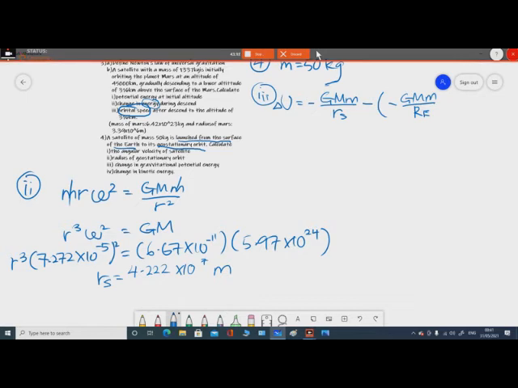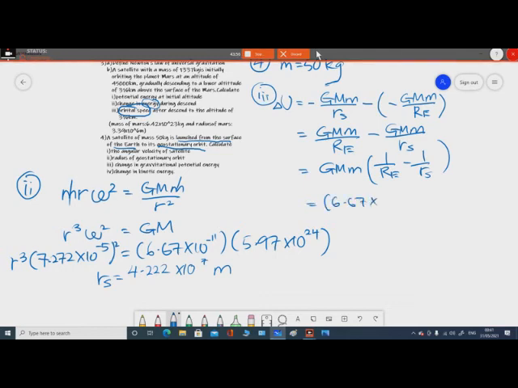Alright, so let me bracket this one. Then we resolve the negative parts, so this one will be positive GMm over R_E minus GMm over the radius of the orbit. For the geostationary orbit, this will be factorized: GMm times the bracket 1 over R_E minus 1 over R_S. So G is 6.67 times 10 to the power of negative 11.